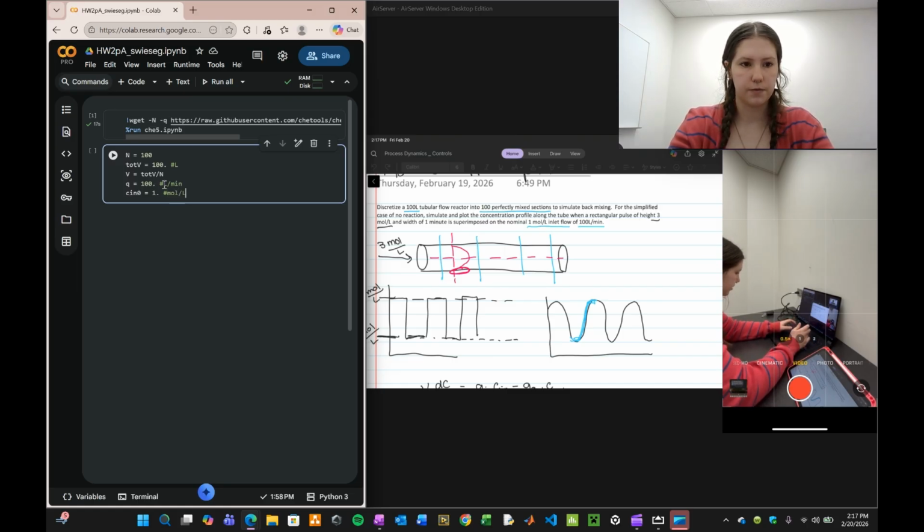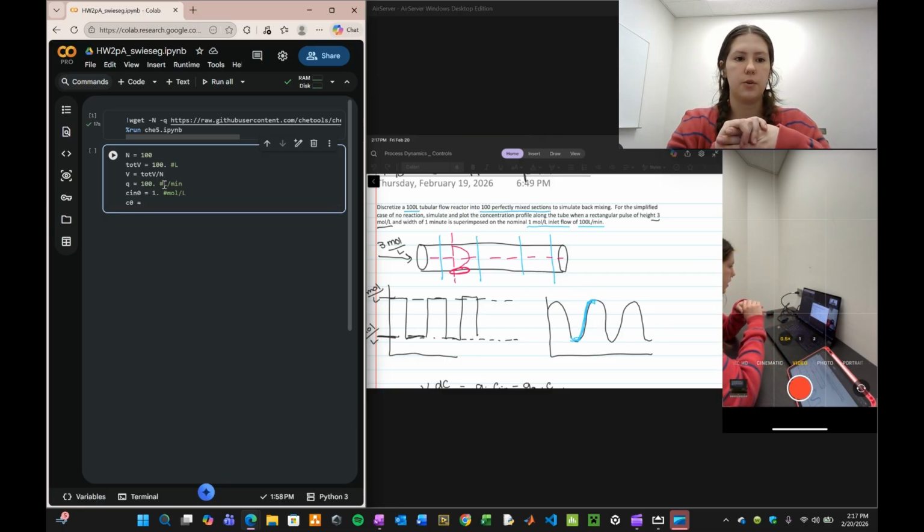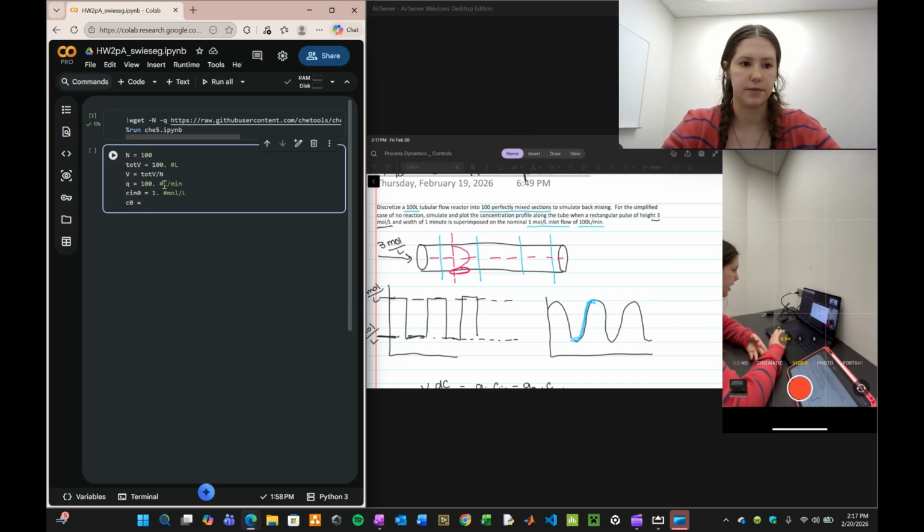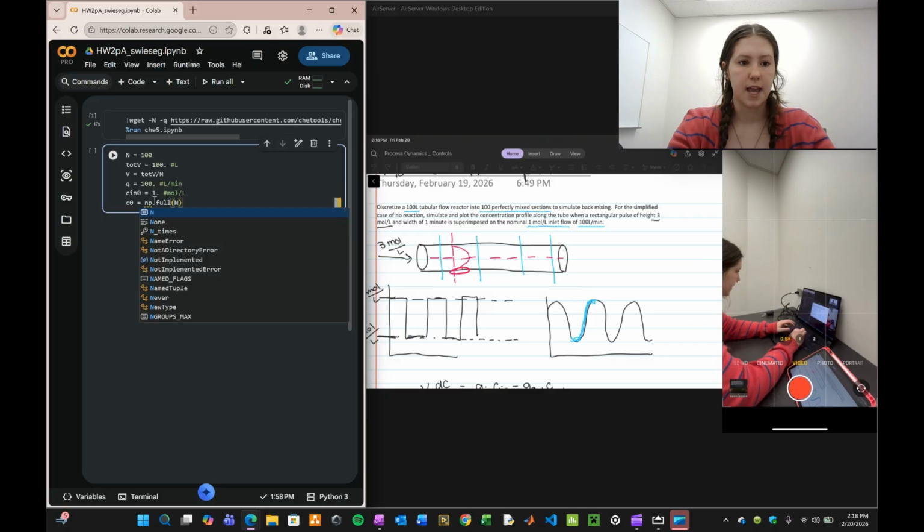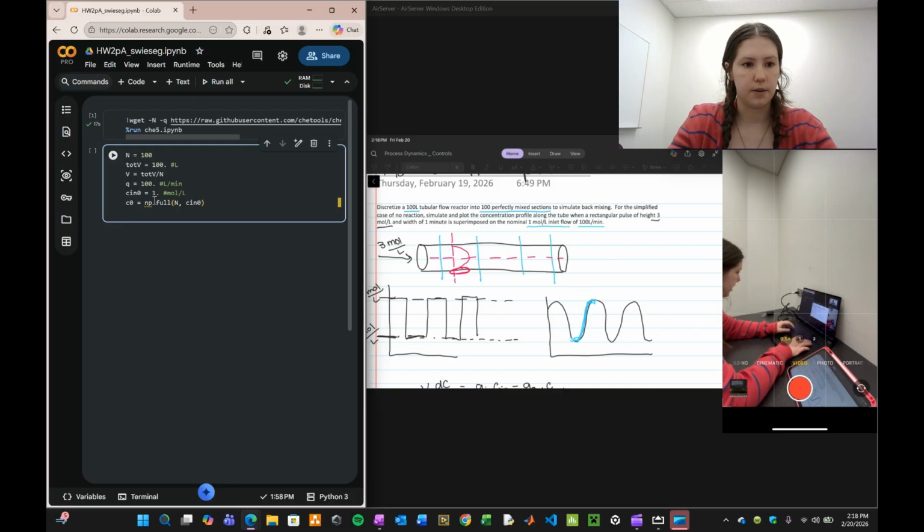And so to define our C naught value, which is going to be our value of every concentration going into each section, we're going to make an array to store all of those values, because it's going to be different for each tank or for each section at different times. So I'm going to do numpy.full, and we want it N by Cn naught. And then we want our Tn to be equal to 10. Press Shift Enter there.